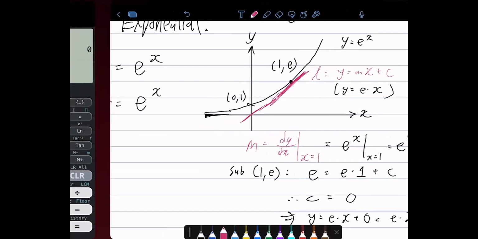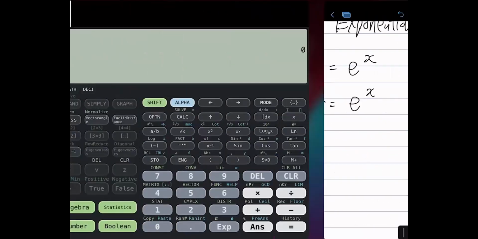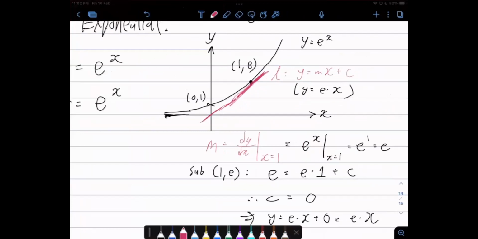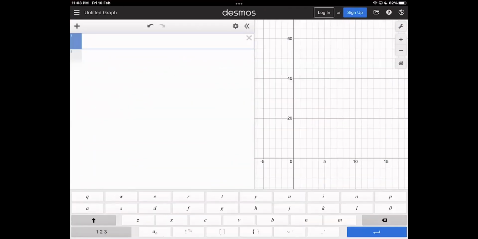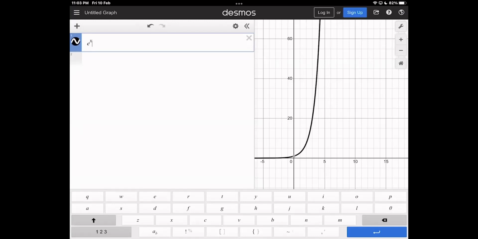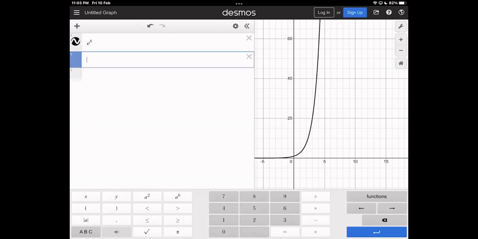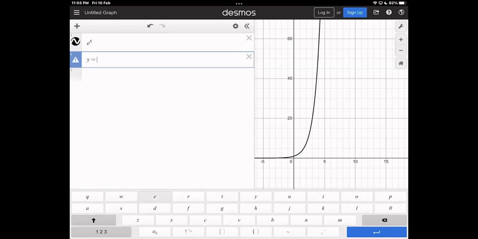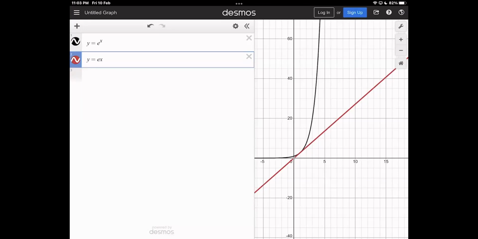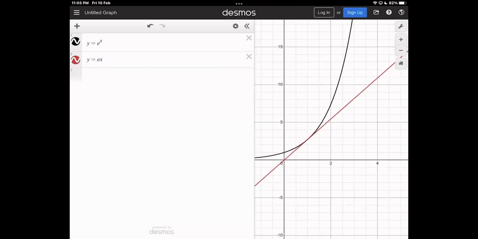So you can graph e to the power of x, then we can draw in y equals e times x. e is treated as a constant in decimals. Let's take a look. So this is the graph.